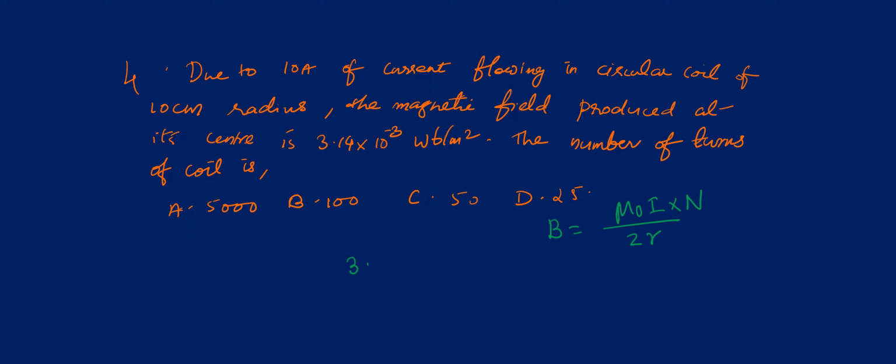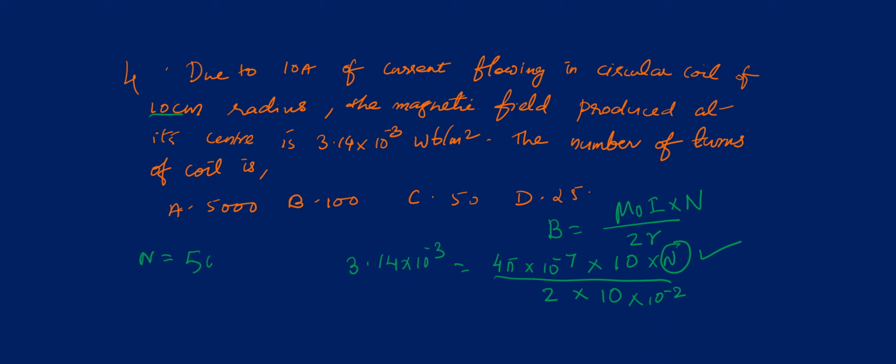The magnetic field is given as 3.14 into 10 raised to minus 3, equal to mu 0, which is 4π into 10 raised to minus 7, into I, given as 10 ampere, into n, divided by 2 into R, where R is 10 centimeter, that is 10 into 10 raised to minus 2 meter. And from this we can find out n. If you calculate n, you will get the number of turns as 50. So the correct answer is option C.